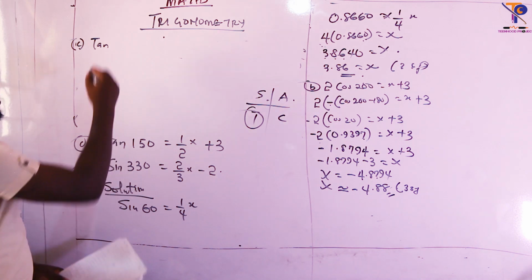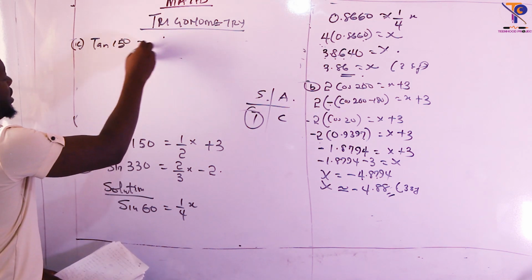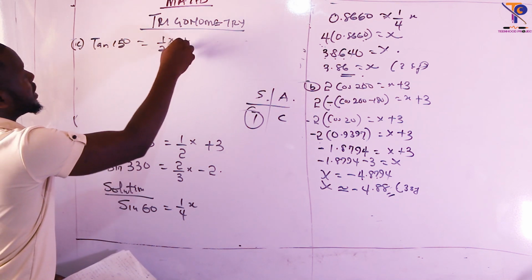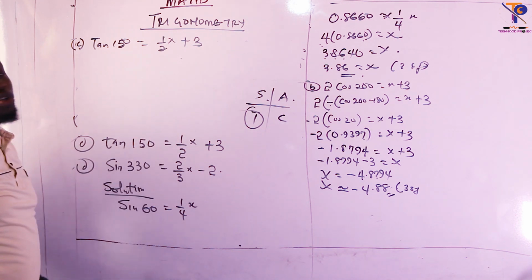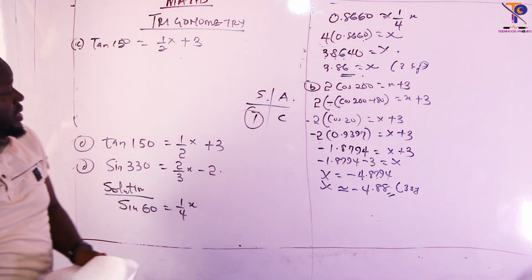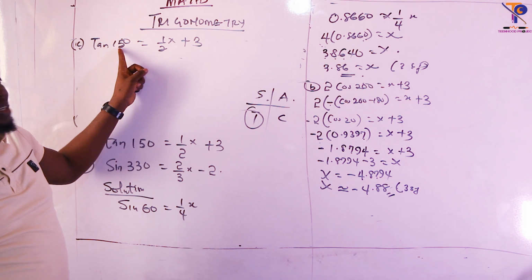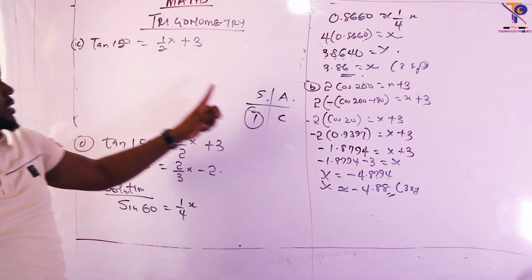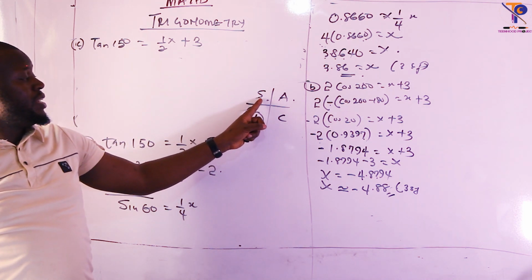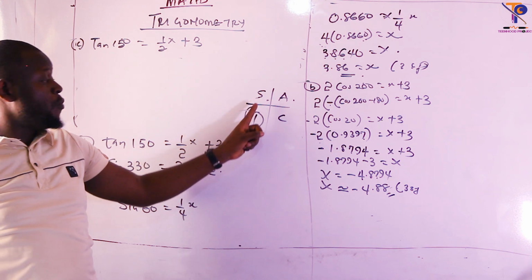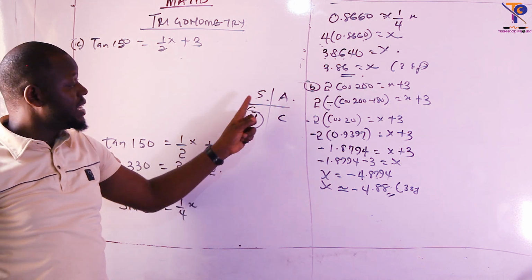C now, we have tan 150 is equal to 1 over 2x plus 3. So don't forget tan here on second quadrant. This is 150, second quadrant. It is only sine that is positive there. So obviously your tangent is negative.